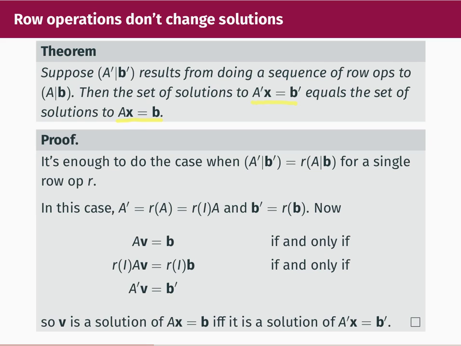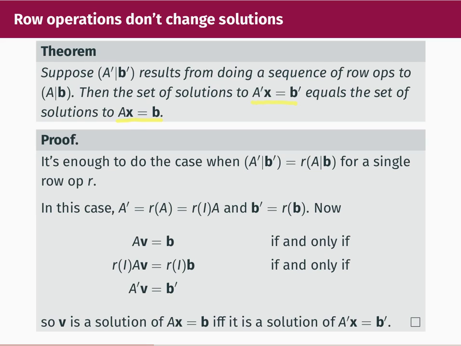Well, we know how to describe the effect of a row operation on a matrix. It's equal to the effect of left multiplying by the appropriate elementary matrix.